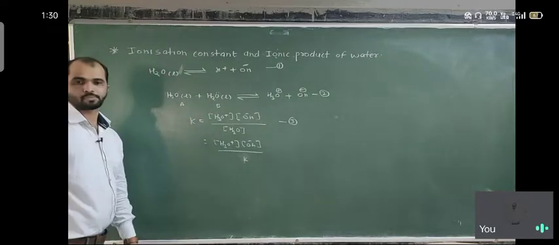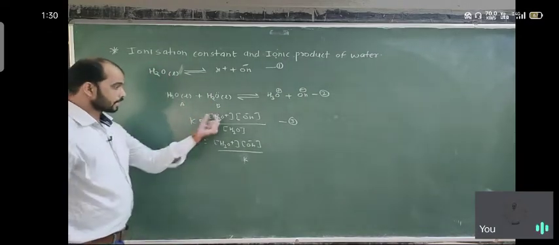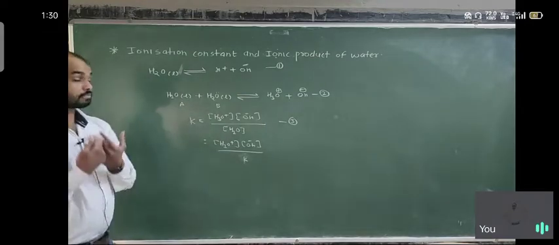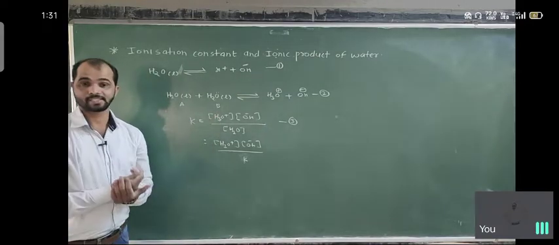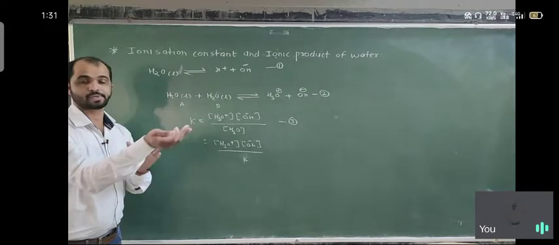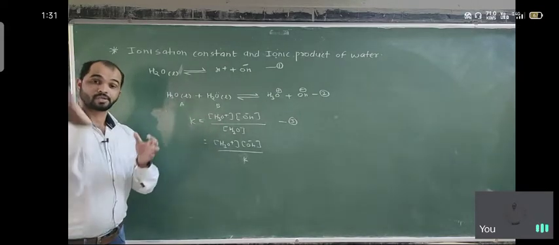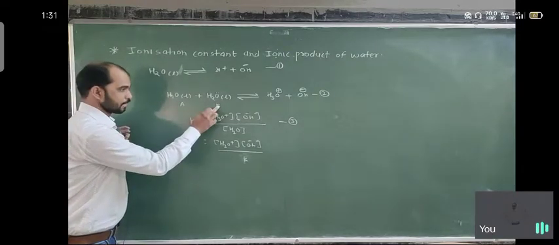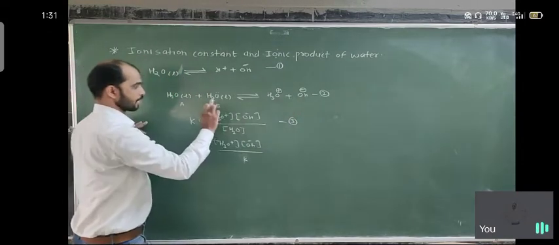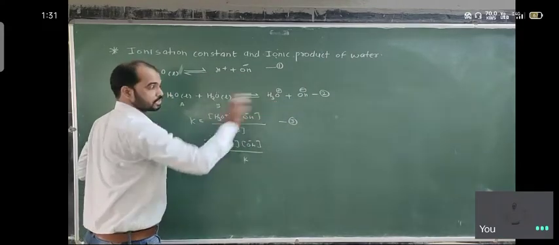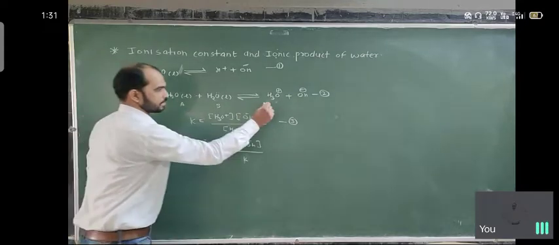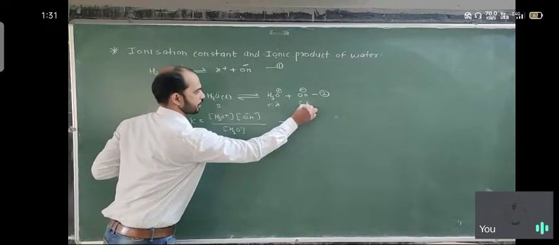H3O plus also behaves as an acid because it is again able to donate the H plus. After accepting, if one is the acid and the other the base, the acid converts into a conjugate base and the base converts into a conjugate acid. So this is the conjugate acid-base concept: here is the conjugate acid, here is the conjugate base.